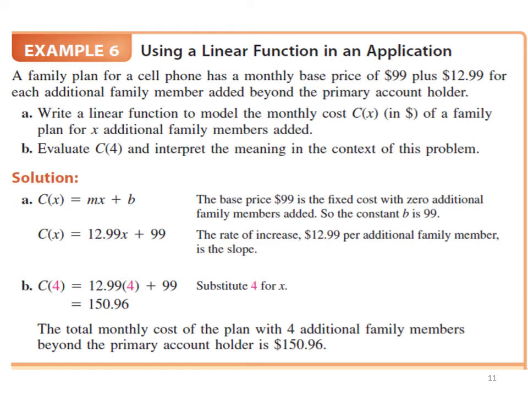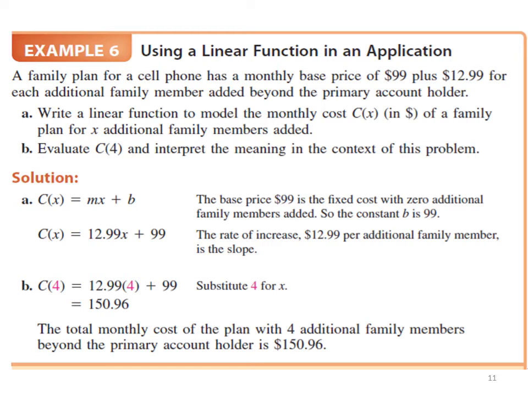cost is. Now in part B, we were asked to evaluate C of 4 and interpret the meaning of this problem. Well, C of 4 tells you the cost of the plan if you have 4 additional family members.